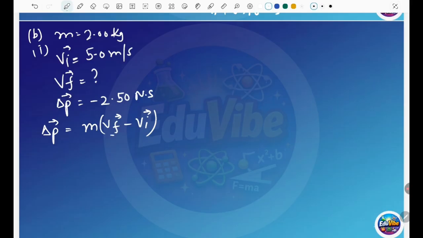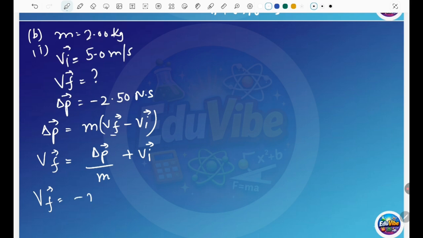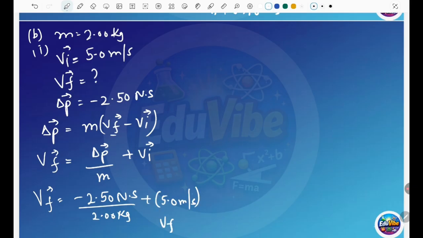So Vf is equal to delta P upon M plus Vi. Delta P is minus 2.50 newton seconds, mass is 2.0 kg, and Vi is 5.0 meters per second.